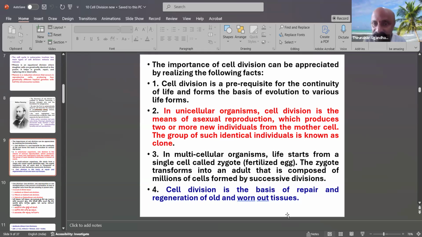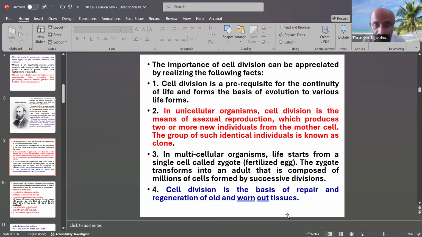Cell division is a prerequisite for the continuity of life and forms the basis of the evolution of various life forms. The evolutionary basis: unicellular organisms evolved or originated into multicellular ones. So cell division is a prerequisite for the continuation of life.